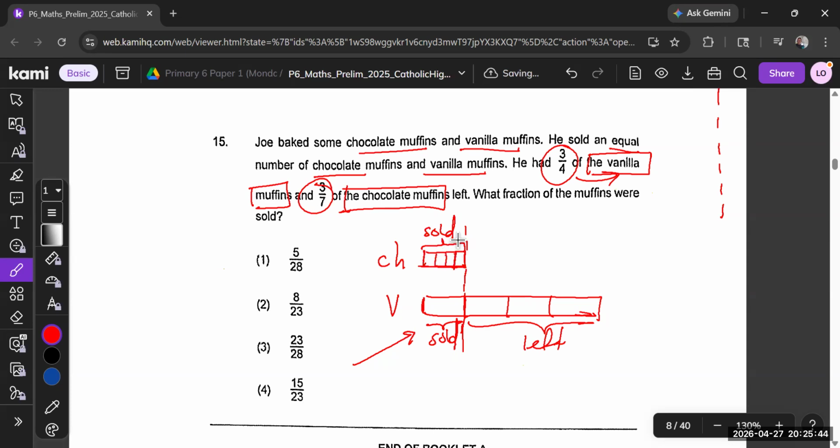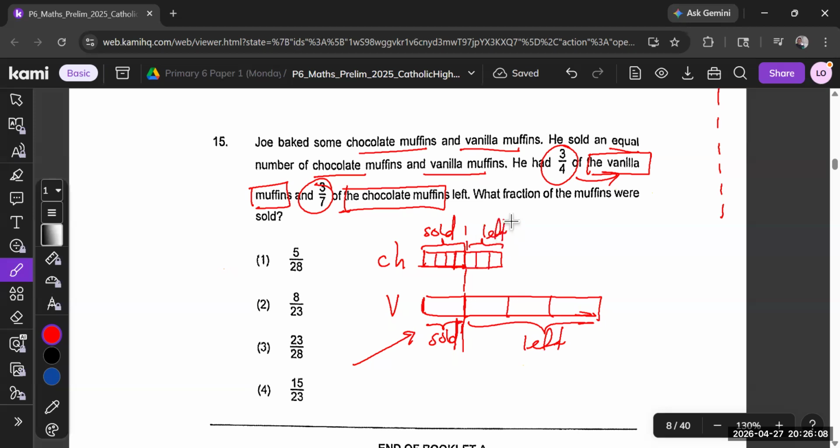There's a 3/7, there's a 4/7, and there's a 7/7, which is all the chocolate muffins. Do you understand your fraction? If there's a 1/4, there's a 3/4, there's a 4/4. If there's a 4/7, there must be 3/7, and there's a 7/7. So this is the left.